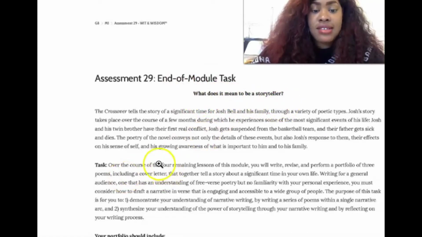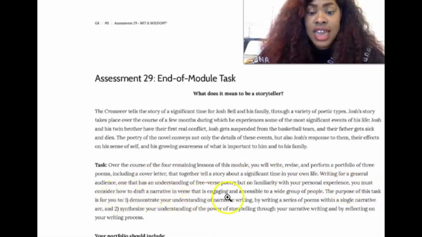Your task is, over the course of the 4 remaining lessons of this module, you will write, revise, and perform a portfolio of 3 poems, including a cover letter, that together tell a story about a significant time in your own life, writing for a general audience, one that has understanding of free verse poetry but no familiarity with your personal experience. You must consider how to draft a narrative in verse that is engaging and accessible to a wide group of people.